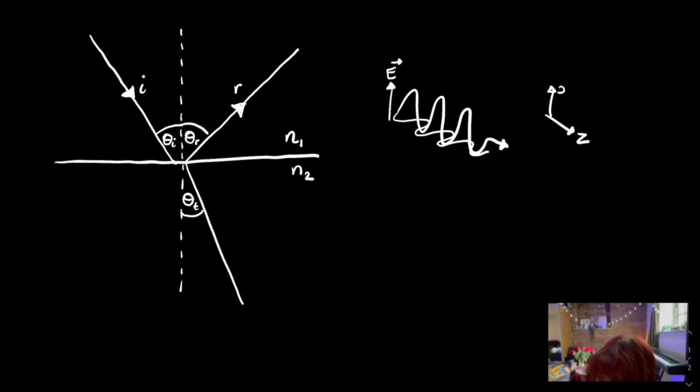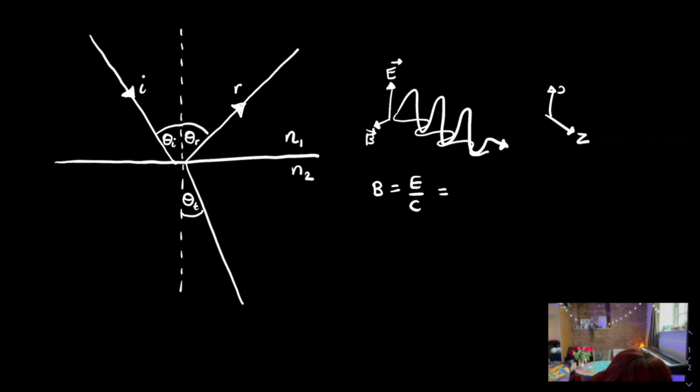But the magnetic field, we said, was actually a factor of c, where c is the speed of light, smaller than the electric field right here. So we say that B, the magnitude of B, is equal to E divided by c. But of course, this is the speed of light in a vacuum, and for our cases, we're actually considering the speed of light in a material, or a dielectric in this case.